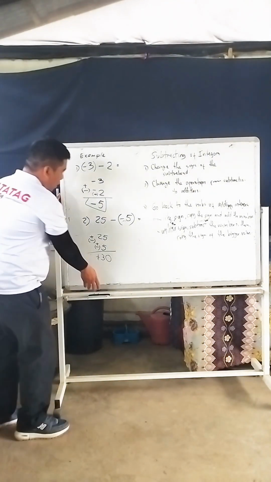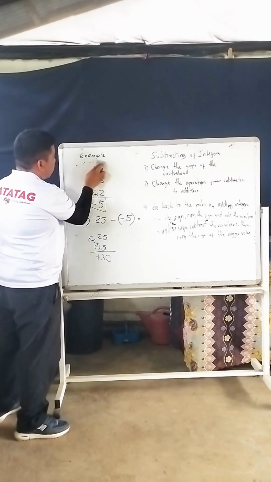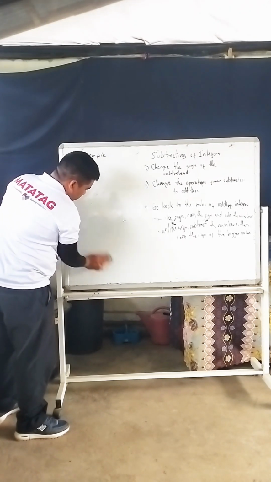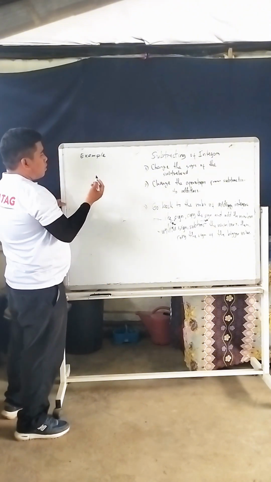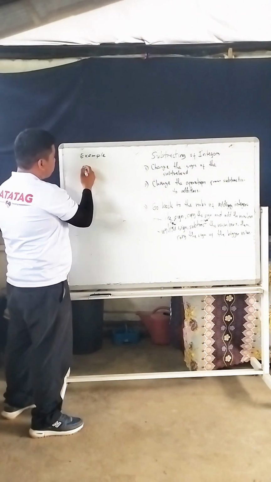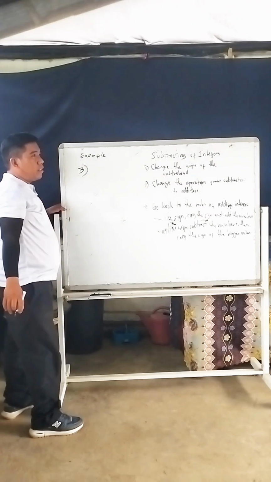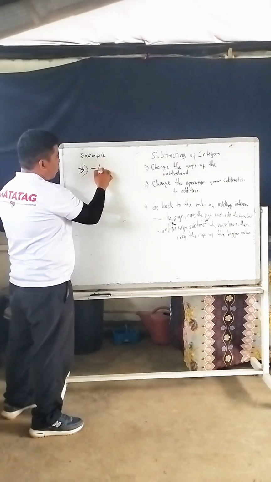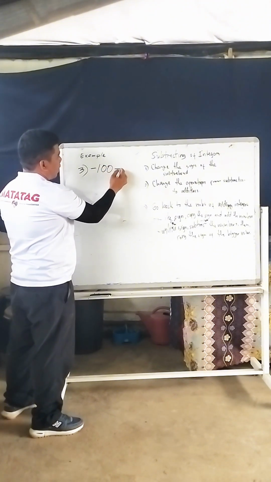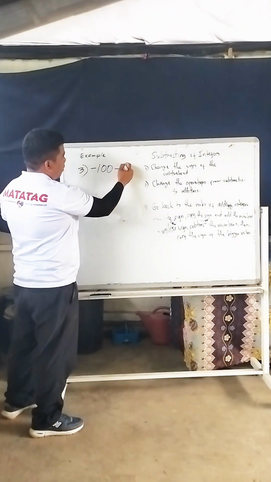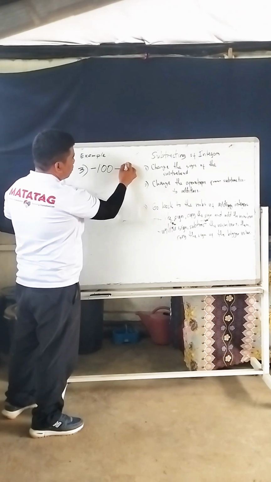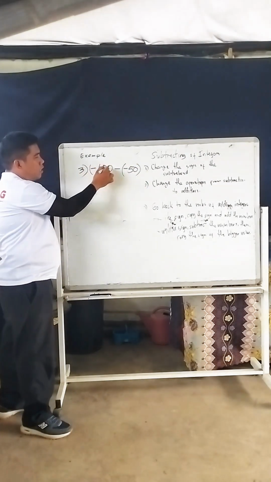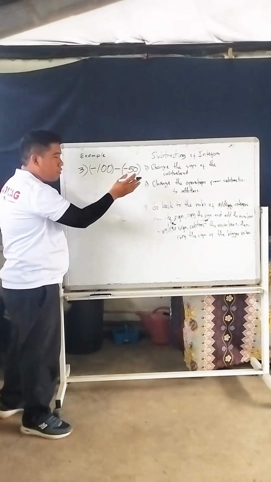Okay, so another example, or last example for this given tutorial. Example number 3. Let's have negative 100 minus, let's say, negative 50. So we have negative 100 minus negative 50.